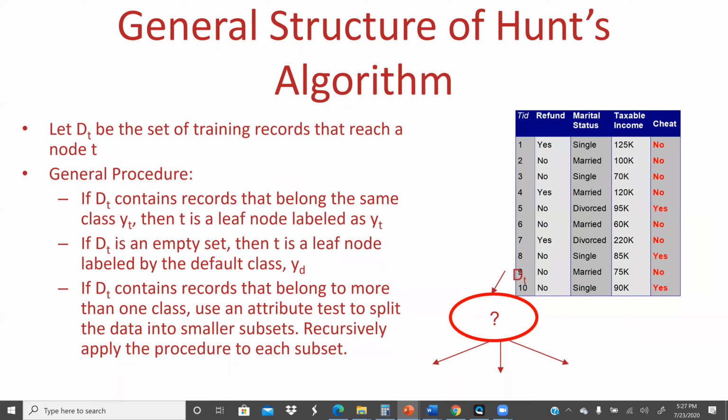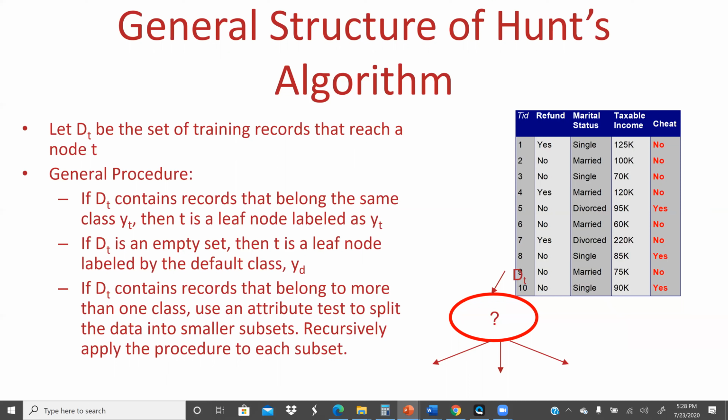The algorithm says the first step, we should let Dt be the set of training records that reach a node t.